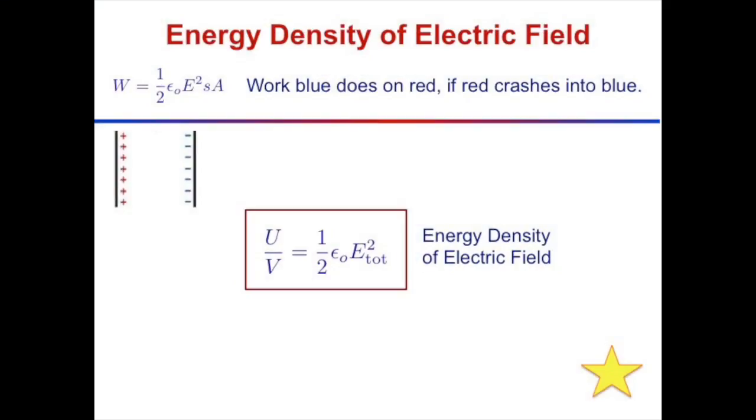So what I'm doing here is I'm taking the original energy stored in the capacitor, which is equal to this work term. They're the same. Okay? And then dividing out the volume, where volume was SA. That gives me this equation. I'm left over with a half epsilon naught E total squared, and that's the energy per unit volume just due to an electric field existing.